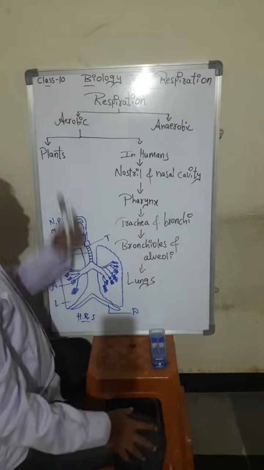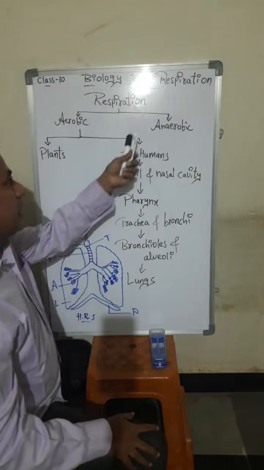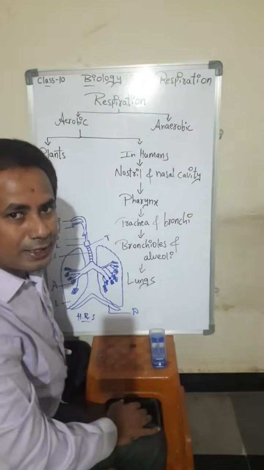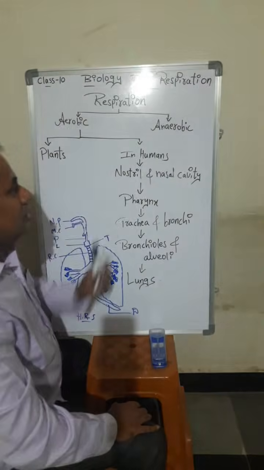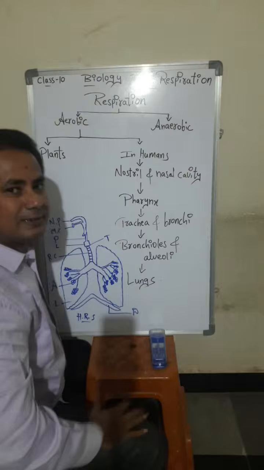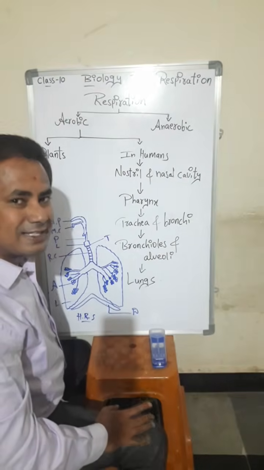Okay. Class 10 biology topic is respiration. So in respiration already we know that there is aerobic respiration and anaerobic respiration. The breakdown of food in the presence of oxygen, that is known as aerobic respiration inside the cell.